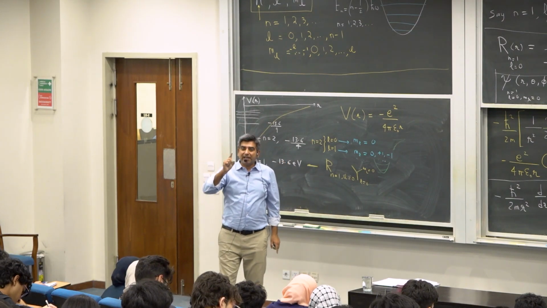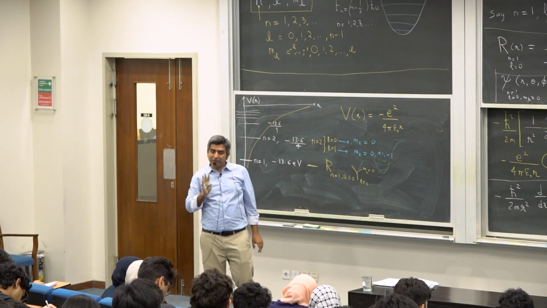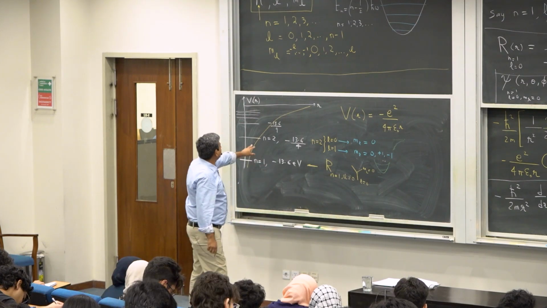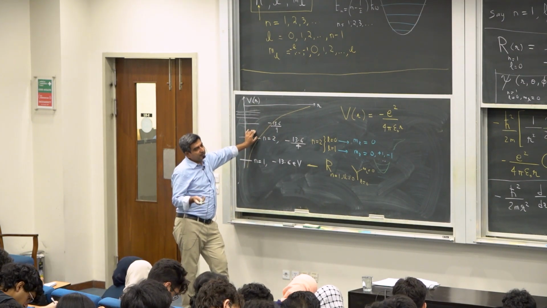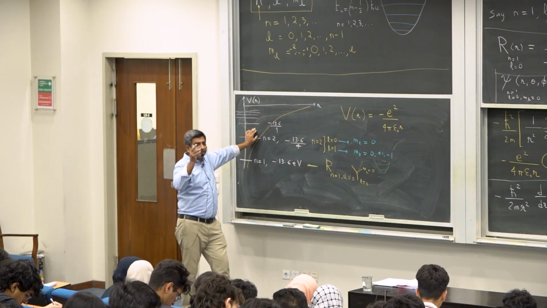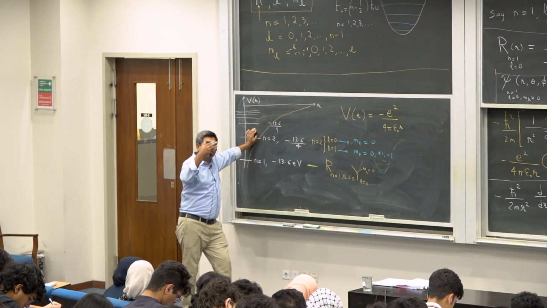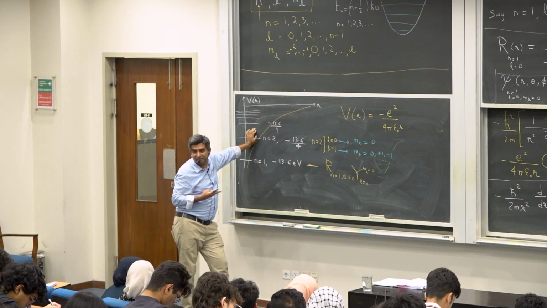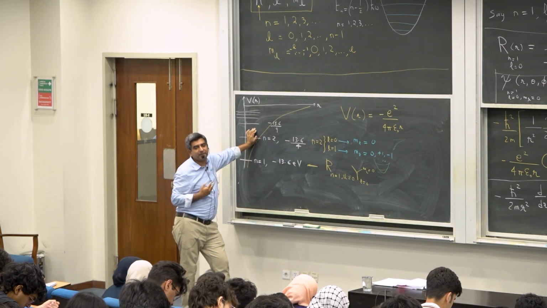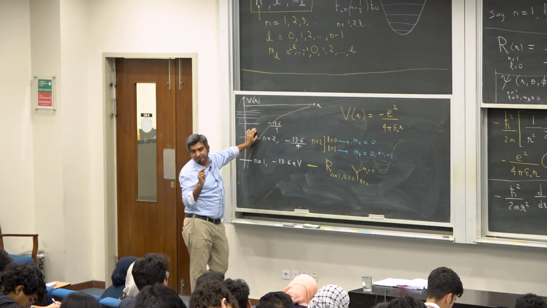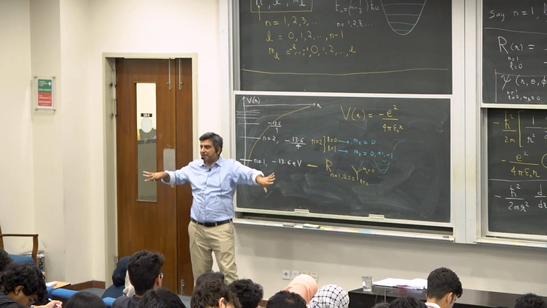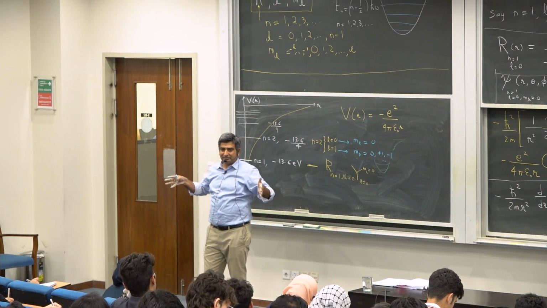Remember, the energy doesn't depend upon L or M, it only depends upon n. Likewise, you can find out the degeneracy of this level. Here you will have a 3s, 3 3p orbitals and 5 3d orbitals. Degeneracy of this energy level is 9, and all of those levels will have the same energy.